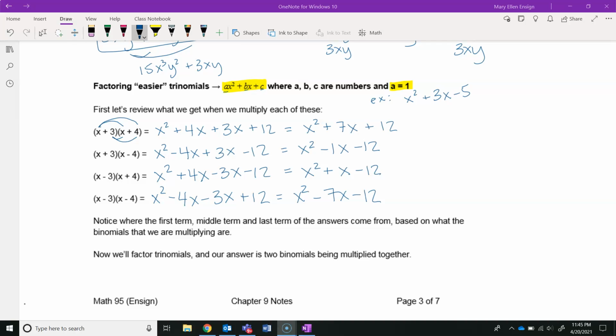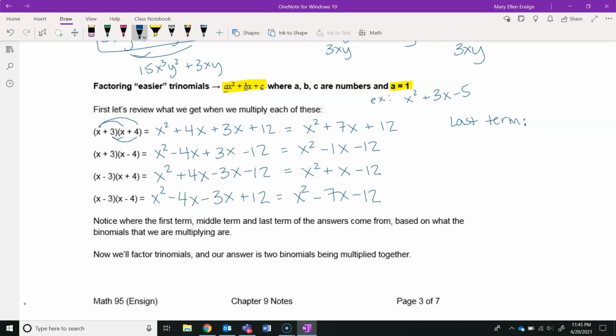We're looking at this last version of it in each case. If we look at the first term in each of these, it's x squared. Well, that's easy to see why. It's because x times x always gives us x squared. Okay, easy enough. Then let's look at the last term. So the last term in the trinomial is either positive 12 or negative 12.